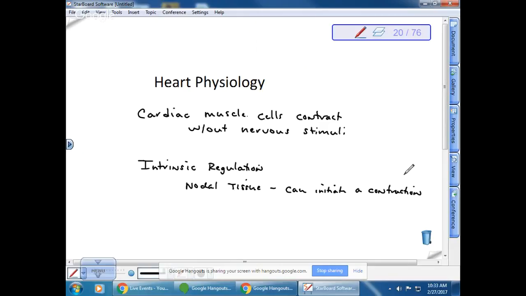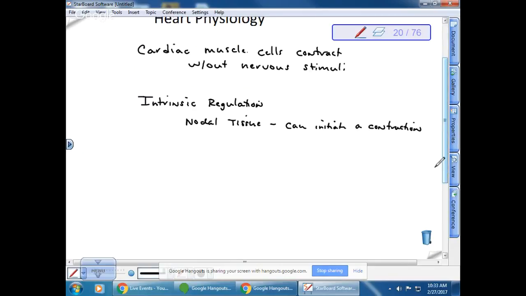Okay. So this is our pacemaker of the heart. And our pacemaker is a special type of nodal tissue that is referred to as the sinoatrial node. This is abbreviated as the SA node. Now I remember where it's located because it's up in the right atrium. So just remember atrial, I don't know what sino means, but atrial would mean it's up in the right atrium.